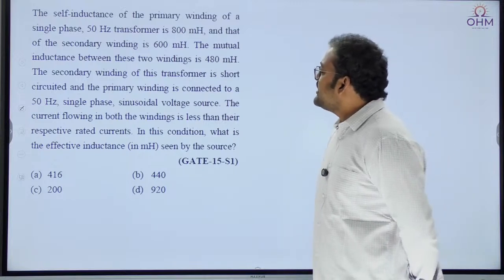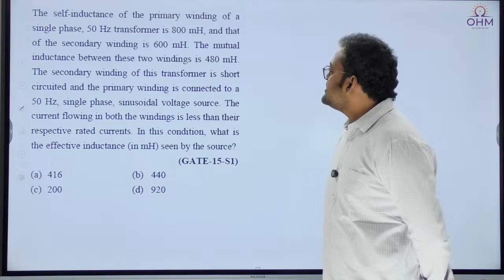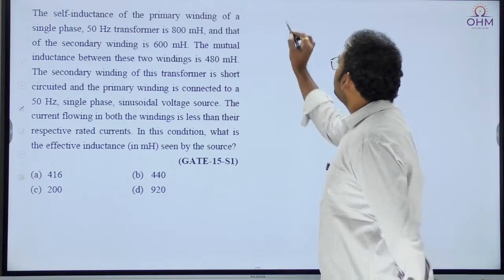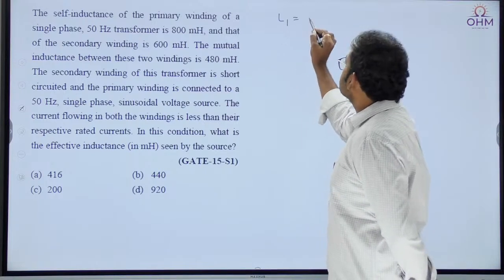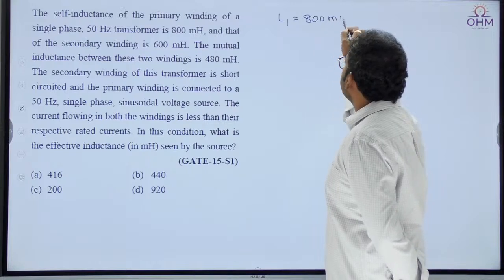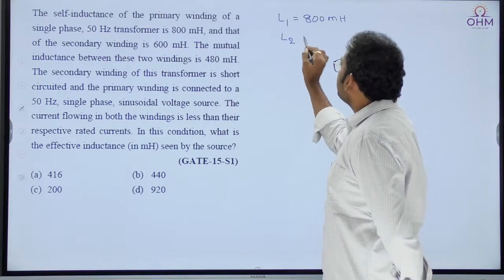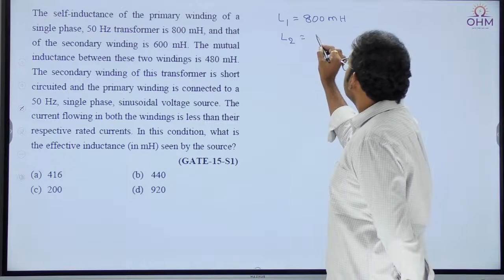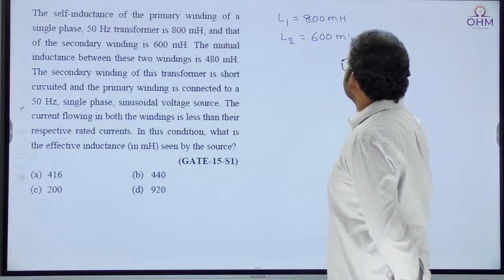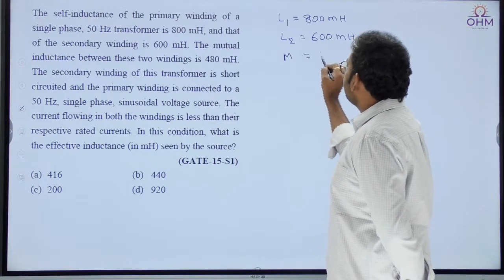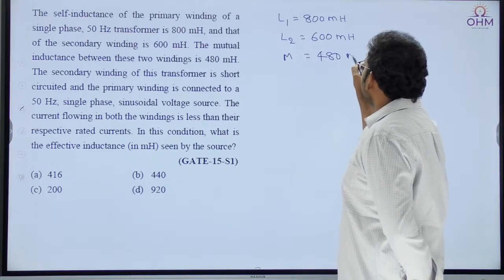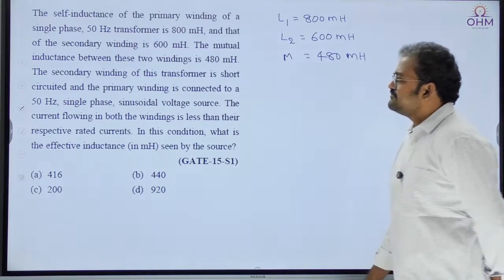The mutual inductance between these two windings is 480 millihenry. See, primary winding self-inductance was 800 millihenry. Secondary winding self-inductance is 600 millihenry, and the mutual inductance between both of them is 480 millihenry.